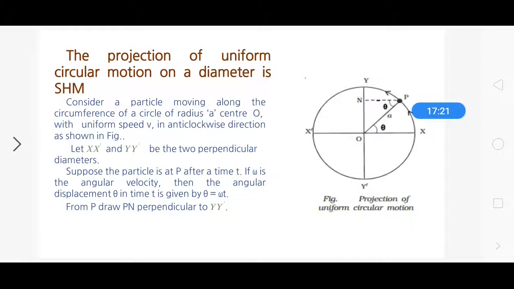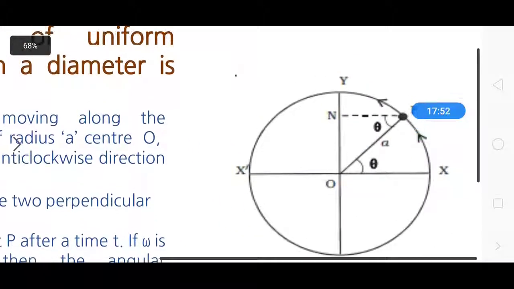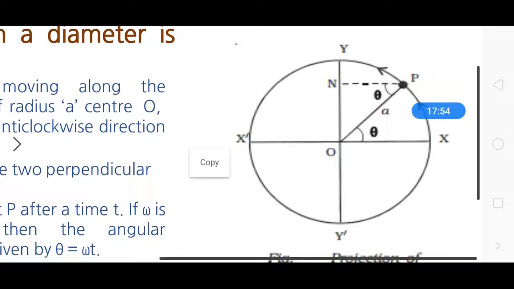Then it moves towards y, then x dash, then y dash, and finally x. So it is moving in the anti-clockwise direction. The center of the circle is O, the radius of the circle is A, and it is moving with uniform speed v. If the particle is initially at point x, after time t it moves to point p.